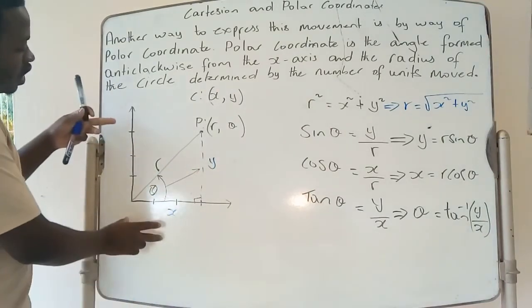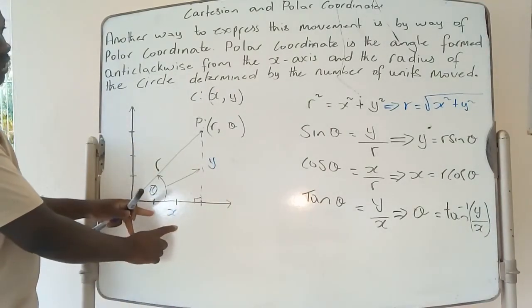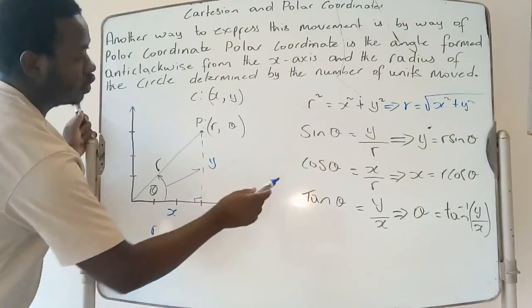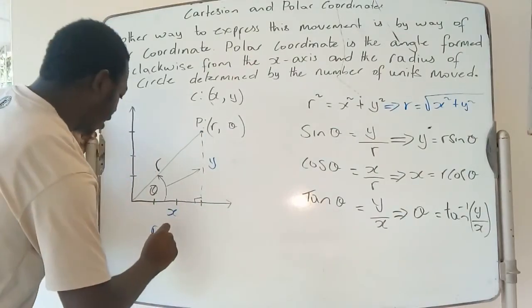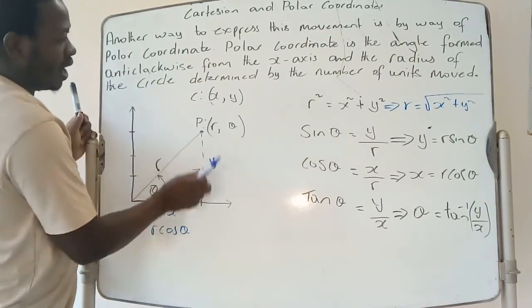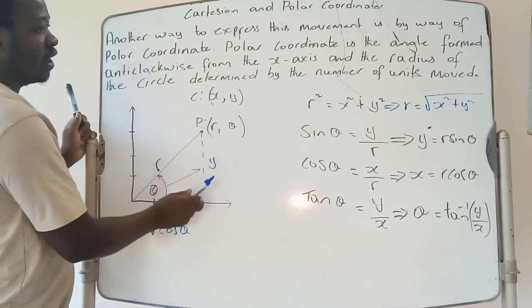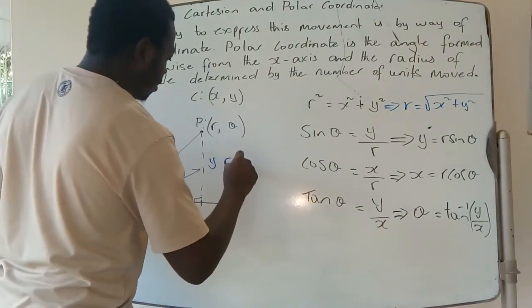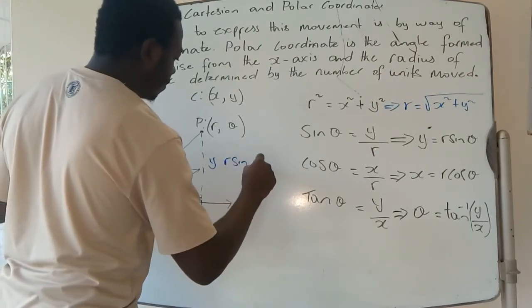So if we observe this diagram, where x is basically r cos theta, right? So where x is r cos theta. This distance y is the same thing as saying r sine theta.